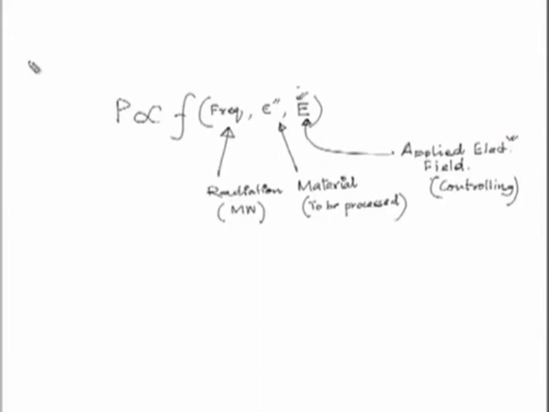Now, as all of us know, as far as control of the process is concerned, when the quantity is electrical, it is easier for us to control the process. So is the case with microwave processing of materials. Then another feature is very rapid heating.